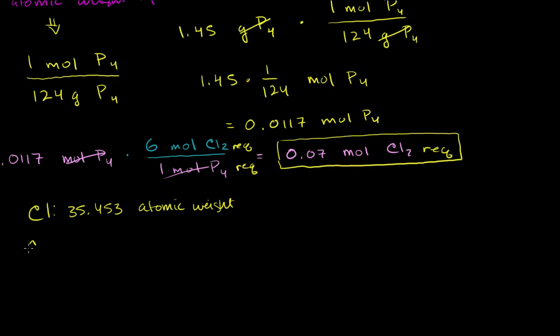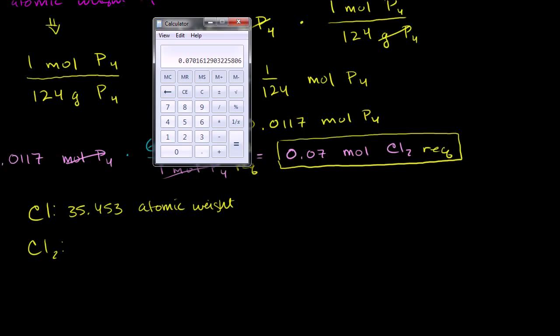So molecular chlorine gas, which has 2 atoms, is going to have twice that. I could do it in my head. It's going to be right about 70.9. I'll just use the calculator.